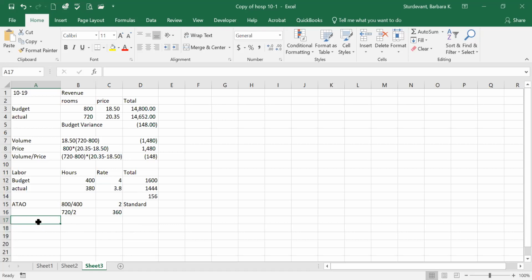And we're going to show that with the variances. So first, let's do the rate variance. This one is your standard. So in the parentheses would be your rate. But because this is an expense, we want the budget to be first because we want that to be higher.